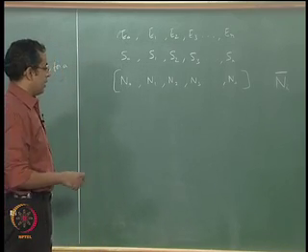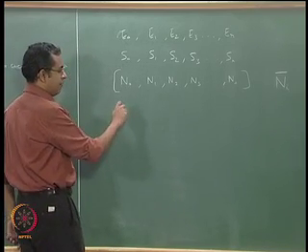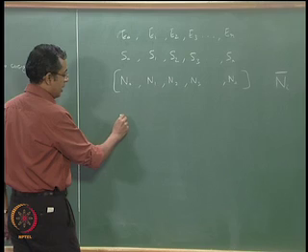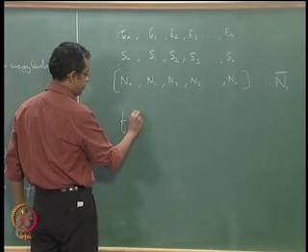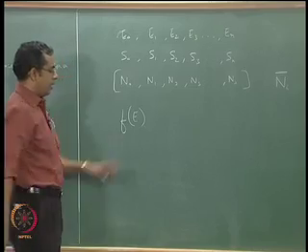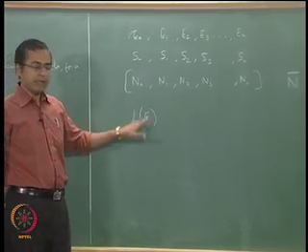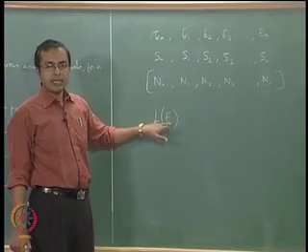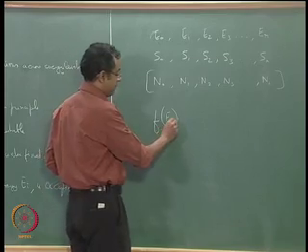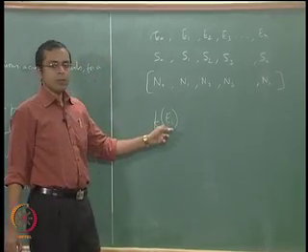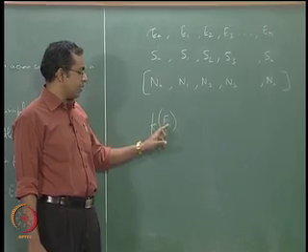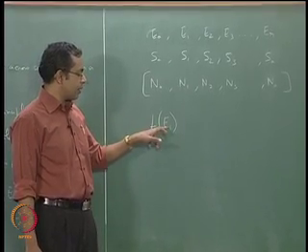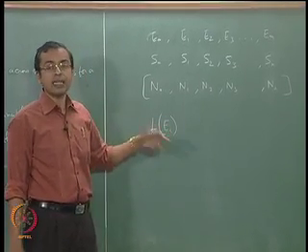Now I will put something down here, and then I will explain what it means. This f of E is the probability function which tells us the probability that a state at energy level EI is occupied.